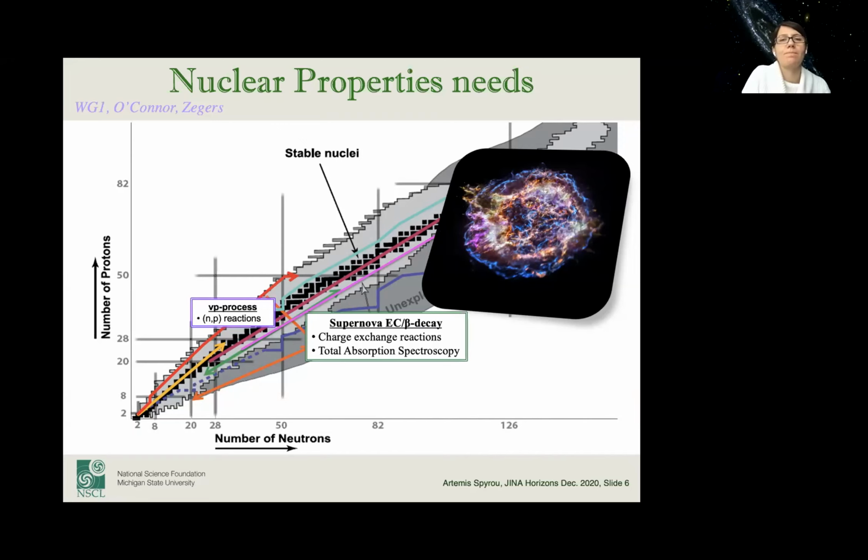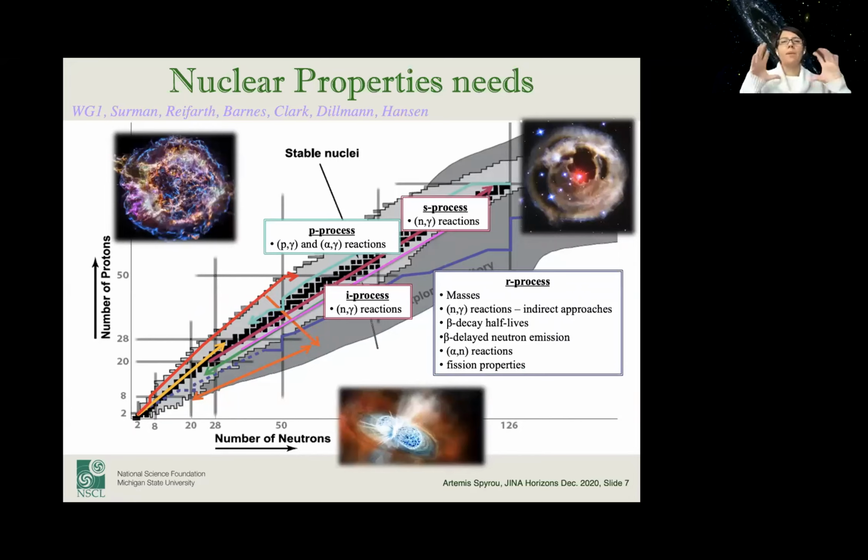And then finally, the biggest slide, the slide that has heavy element nucleosynthesis, most of the processes included. Again, I'm not going to be able to cover much of this, but as you see from my list up here, there's a lot of talks and a lot of speakers covering these topics.